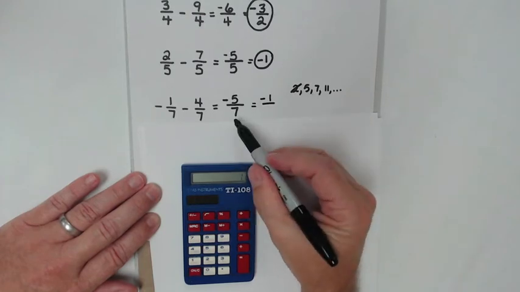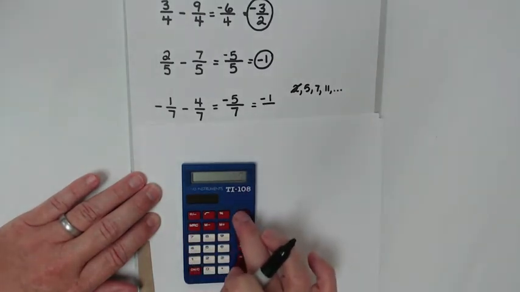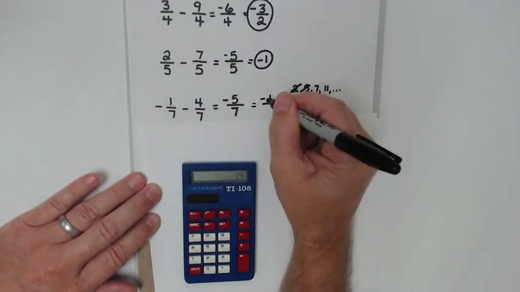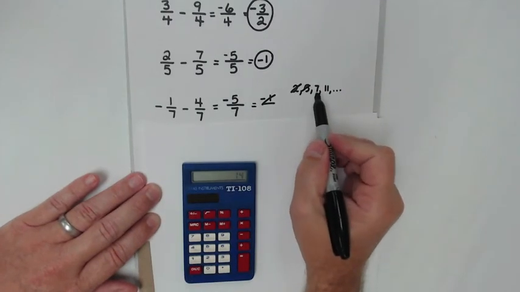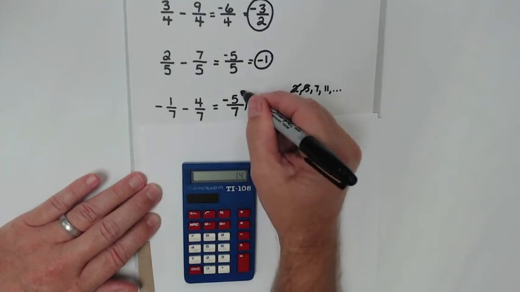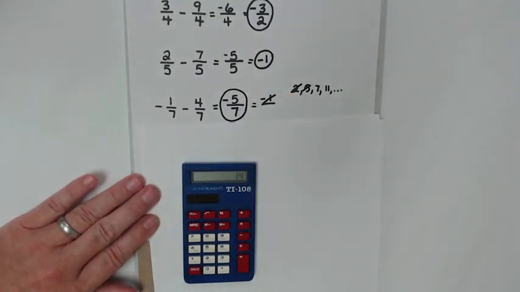But let's see if 5 will go into 7. 7 divided by 5, I get a decimal. So that 5's not working. The next number is 7. 7 is bigger than this number right here, so there's no reason to keep going. That one has been simplified.